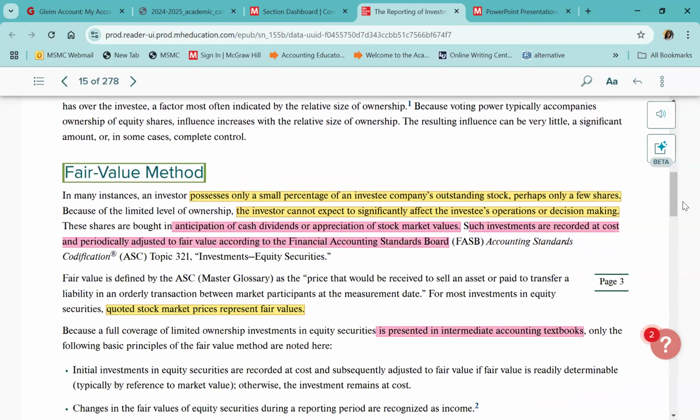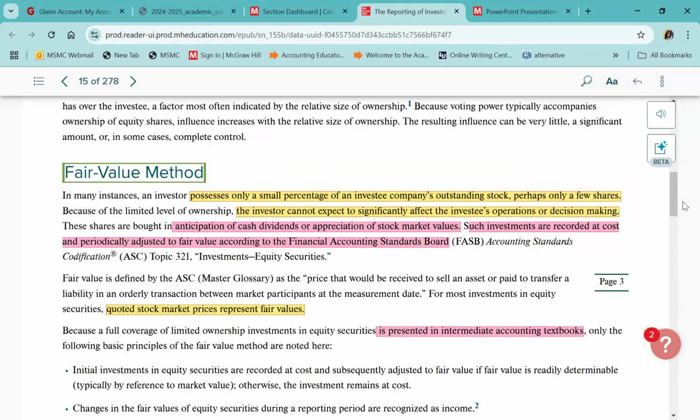And here is how I study, I highlight major things that are important for me. So let's read this. Investor possesses only a small percentage of an investee company's outstanding stocks, perhaps only few shares, as long as it's under 20%.